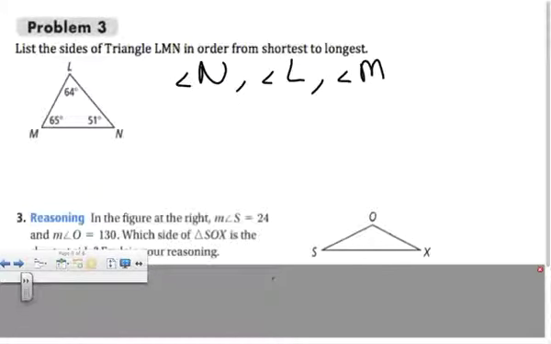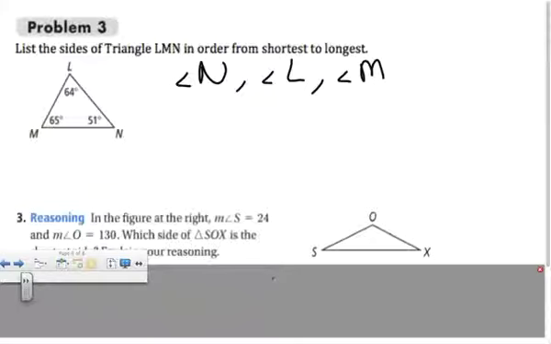Now, I know for some reason some students struggle with looking at a triangle, looking at an angle, and identifying the side that is opposite it. So let me make it as plain and simple and crystal clear as I possibly can. Triangle has how many letters? How many are in each of those angles? In each of the angles, there's one.